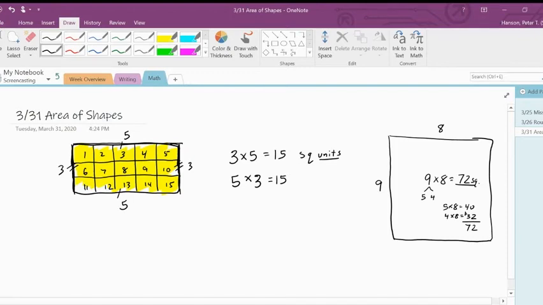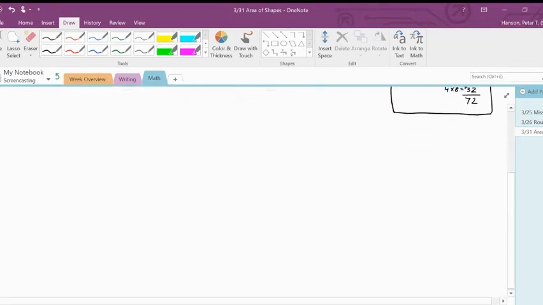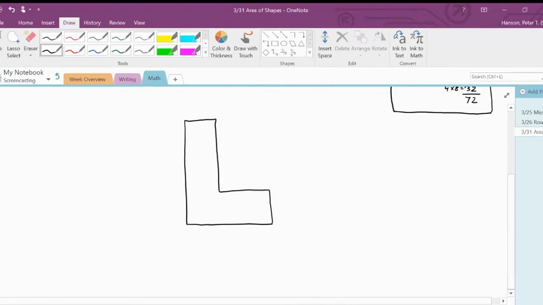Now let's take it to the next level and start looking at L shapes, S shapes, or O shapes. The same idea applies. As I'm looking at this, I need to start by dividing it up into smaller pieces. Here, I'm going to use an L shape. This is one long side, it's all together.